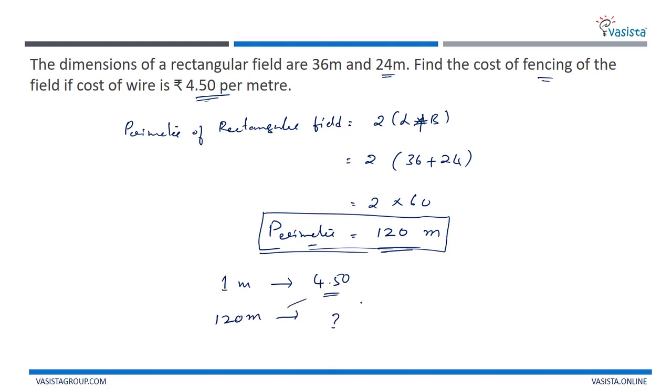You just multiply it, 4.50 into 120. So 12 5s are 60, 0, 6 carry, 12 4s are 48 plus 6, 54. So which is going to be 540 rupees, right? Answer is rupees 540.